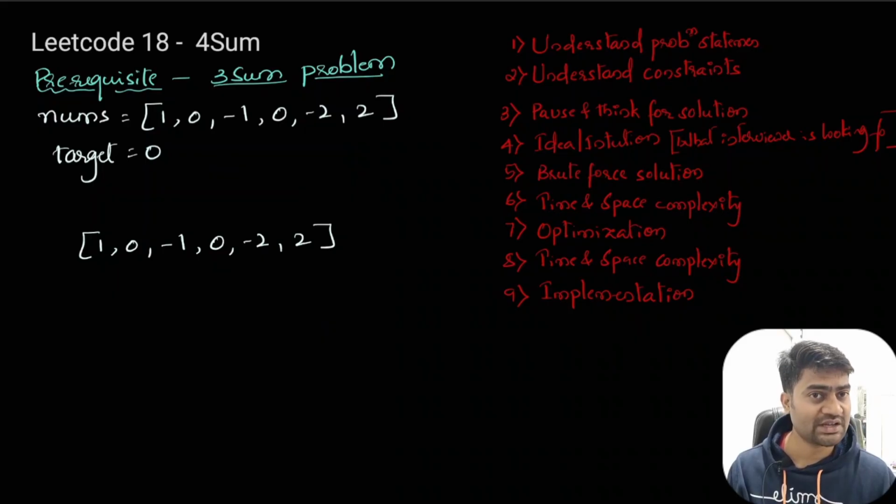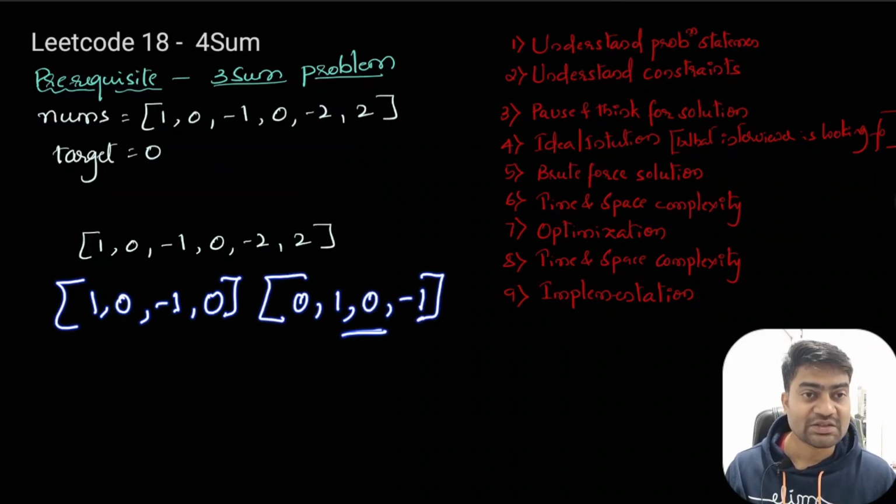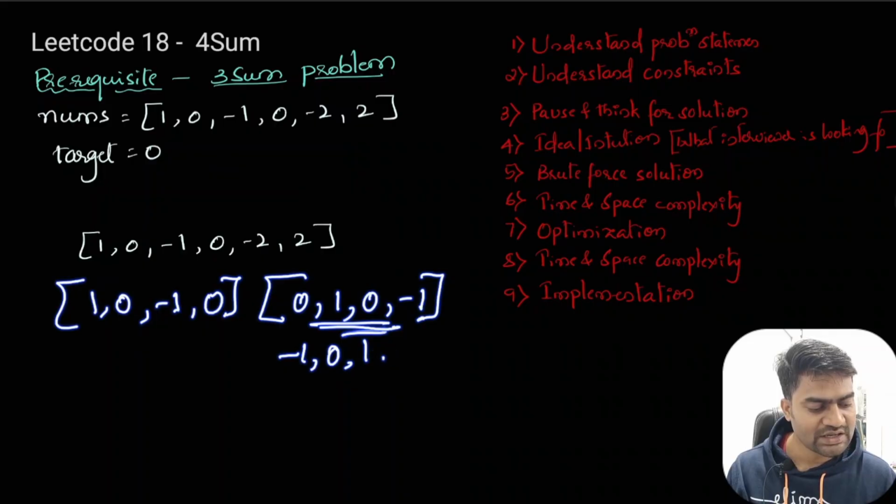And one more thing we need to understand: there should not be any repeating quadruplets. Basically, 1, 0, minus 1, 0 is one quadruplet. Assume we got one more, which is 0, 1, 0, minus 1. This is not a unique one, because if you sort it, it becomes minus 1, 0, 0, and 1.